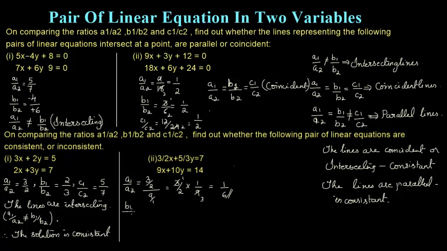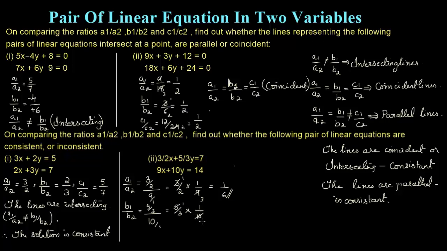Now let us find b1 by b2. So 5 by 3 divided by 10. Let me write 5 by 3, and here also 10 divided by 1. For the next step, it will be into 1 by 10.